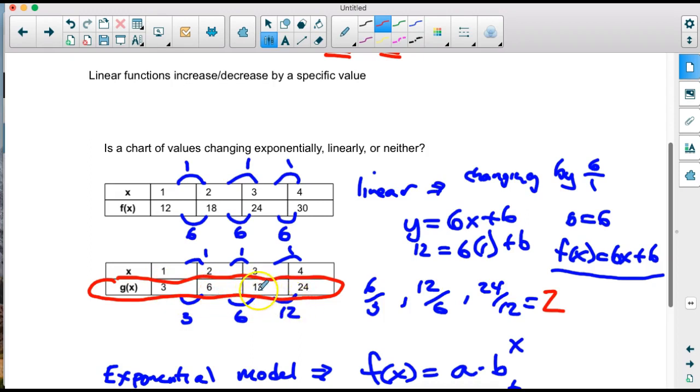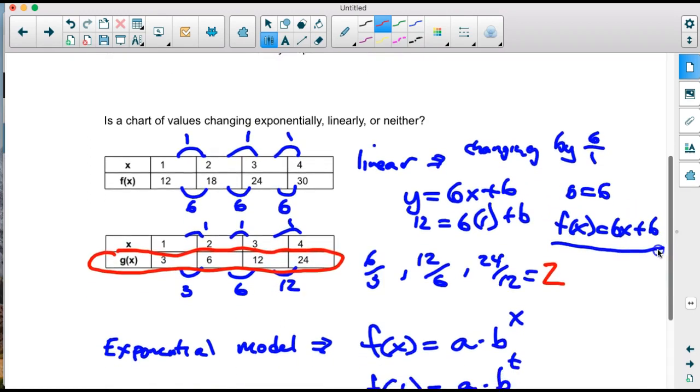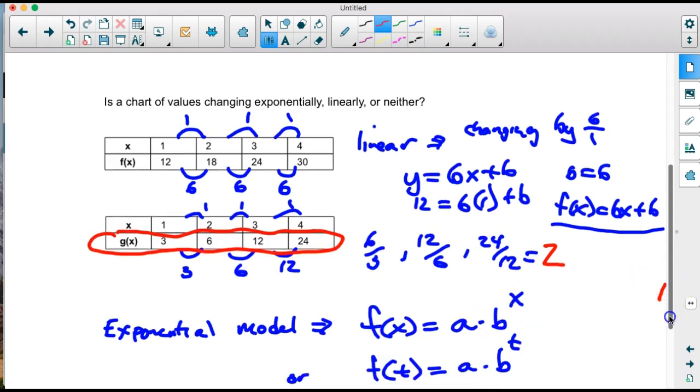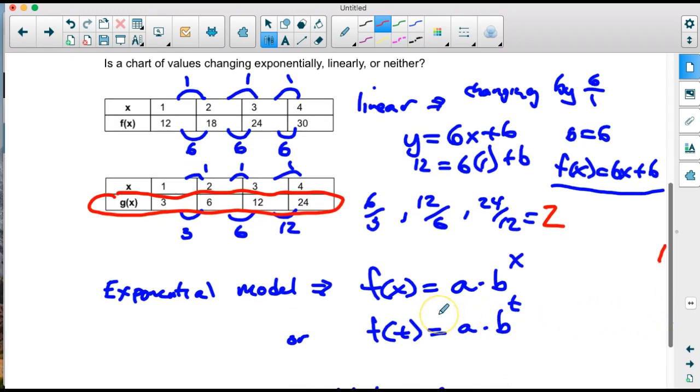It's increasing by a factor of 2. Now, an exponential model follows this form right here. It's not like linear, y equals mx plus b. It is f of x equals a times b to the x. Or if we're dealing with time, then our variable is t instead of x. In this case, it's x, so we can use this model to get our answer.